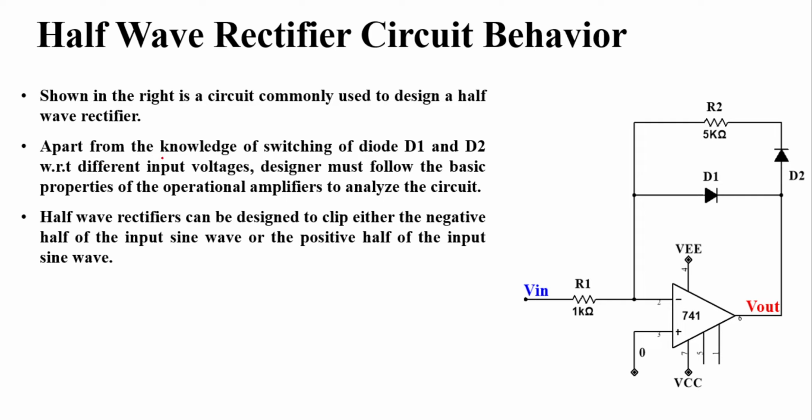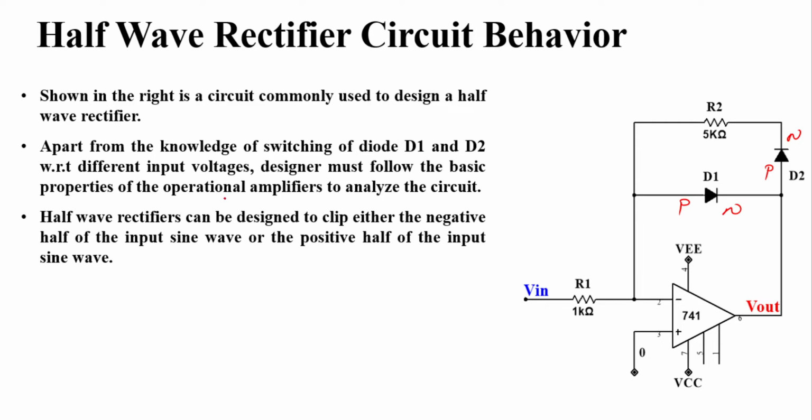Remember, we have to have the knowledge of the switching of diodes D1 and D2. Please keep an eye on the polarities of these diodes. Here you have the P, N, and here you have the P and N.